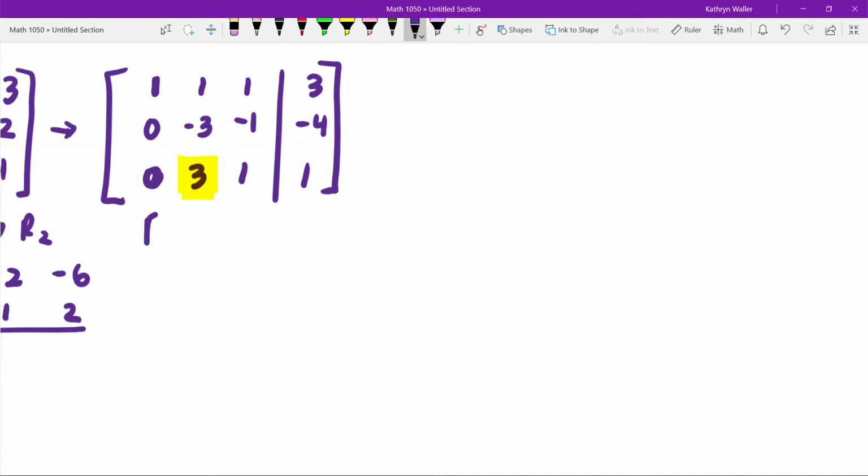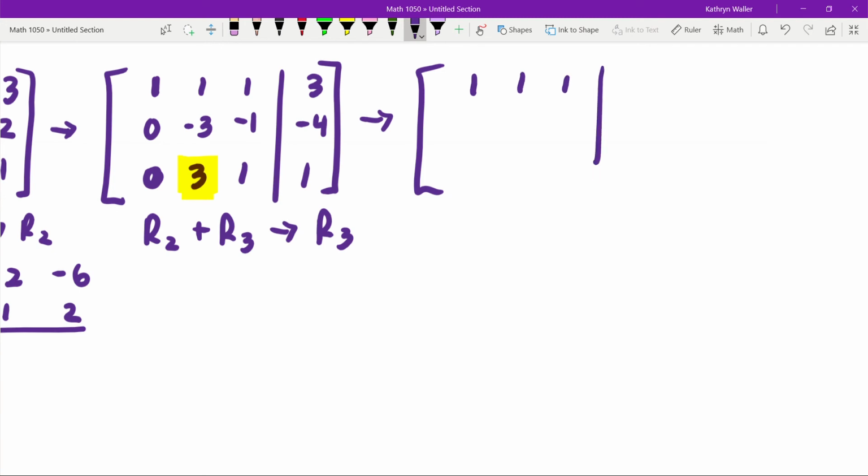So row 2 plus row 3 becomes my new row 3. Across the top, doesn't change. First row. Second row, doesn't change. Add row 2 and row 3 together, and you get 0, 0, 0, -3.